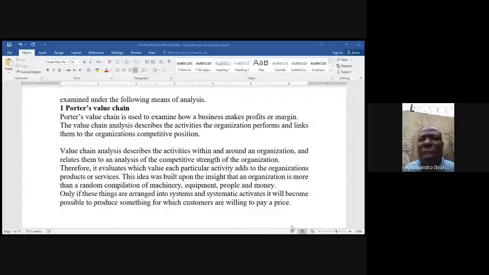Now, these might not be seen as major, but they are very major. They are not seen as major as primary activities. Inbound logistics deals with how you move in your raw materials, your wares, your logistics.